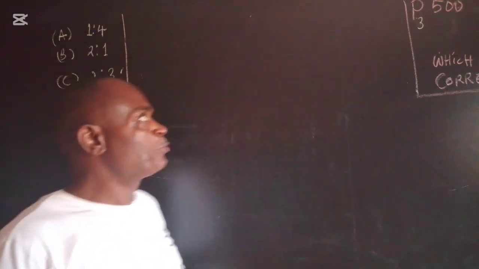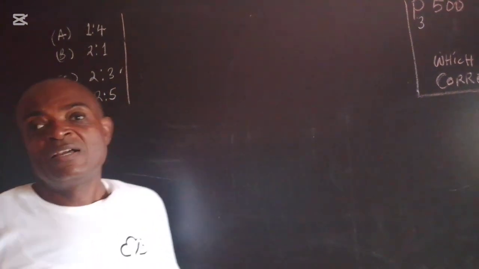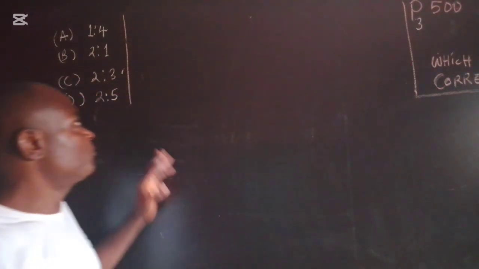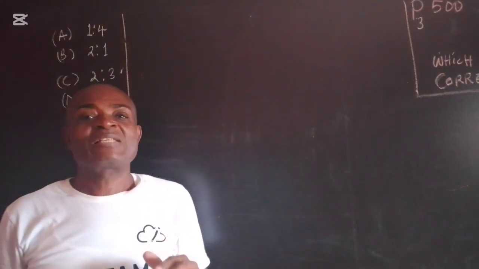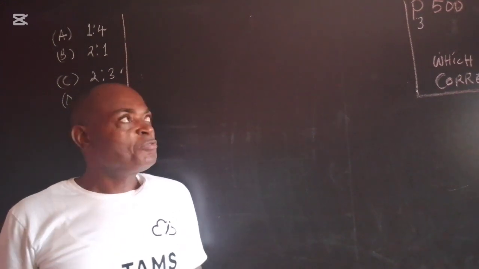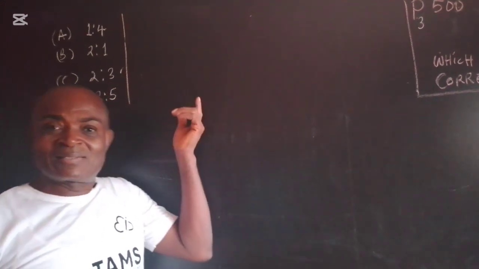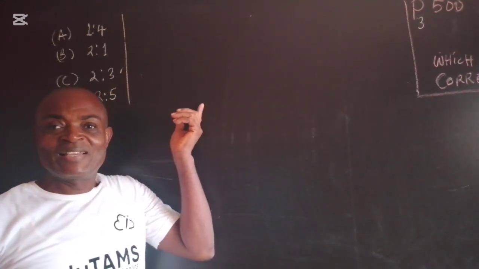So we have to find the ratio of their forces. We have to be very, very attentive. Sometimes the questions are technically asked. You need to understand the basics to be able to resolve that.